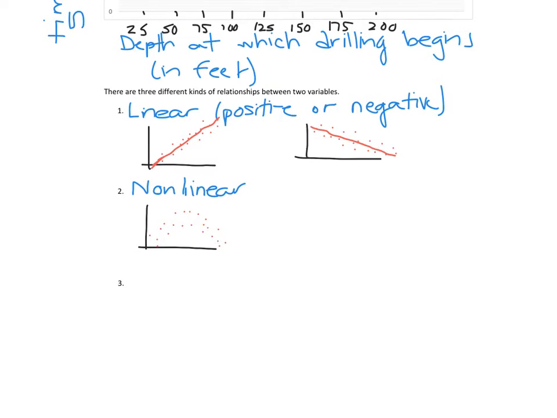Maybe the scatter diagram looks like this. Maybe our scatter diagram is like some sort of cubic. So something like this, increase, decrease, and increase again. These are all nonlinear relationships. They cannot be modeled by a line.